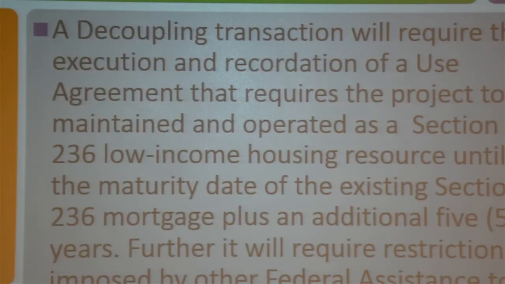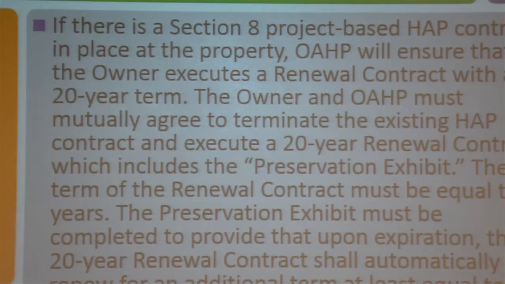And, of course, the use agreement goes on for a period of 5 years beyond the maturity date of the existing mortgage plus 5 years. So that was the other thing that came out of this for a compliance test.